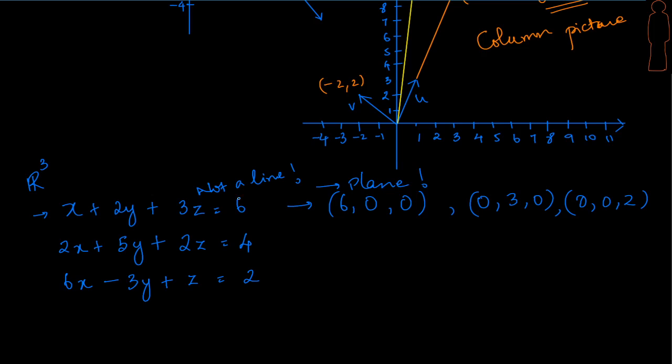In fact, you don't even have to have 3 variables. Even if I write one variable, I think it's going to be pretty easy to understand. Let's say that if we talk about x equal to 6, just think about what will happen in R3. What does this represent, right? It only says x equal to 6. That means that y and z can be any values.